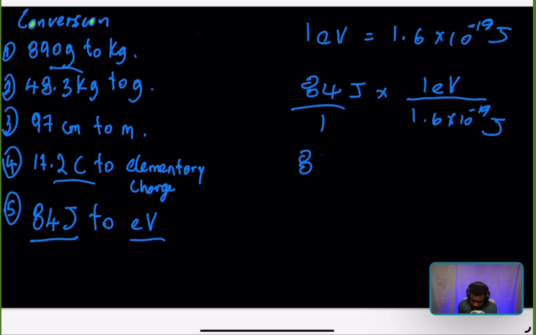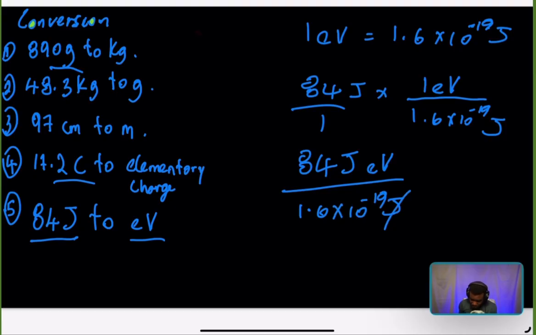I'm going to have 84 joules electron volt divided by 1.6 times 10 to the negative 19 joules. Joules will cancel joules here. And all I need to do now is to divide the numbers, and I will get my answer with just 1 unit remaining, which is electron volts, which is what I am trying to get.